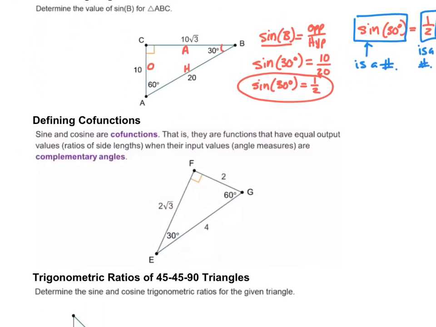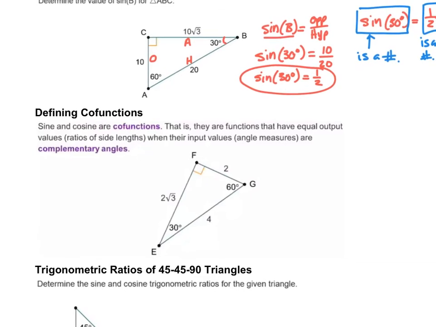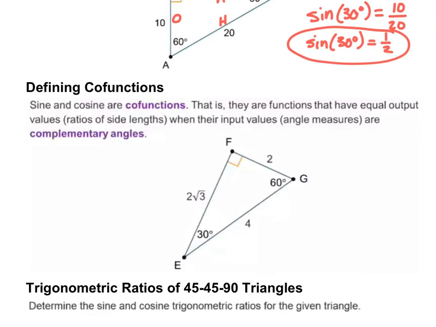The one thing I want to talk about real quick is this. It says the sine and cosine are called cofunctions. They are functions that have equal output values, ratios of side lengths, where their input values, angle measures, are complementary angles.